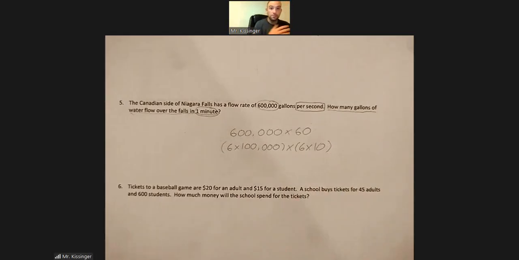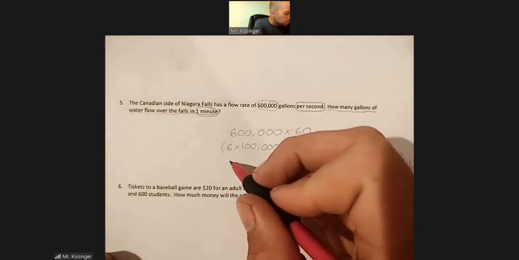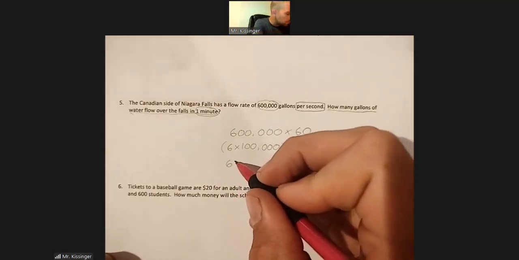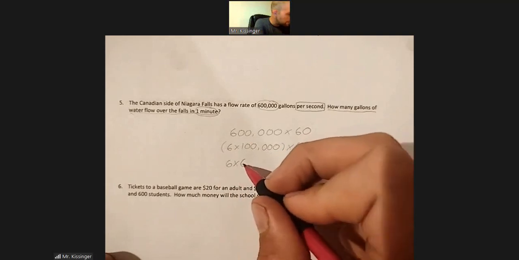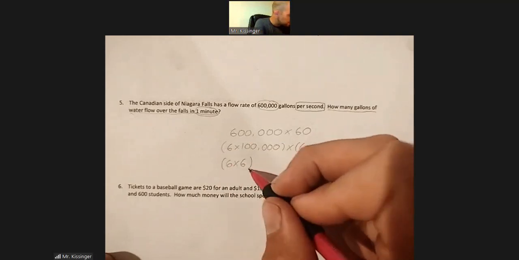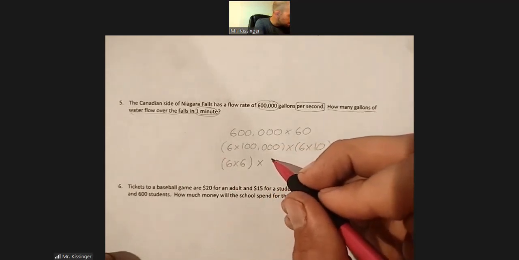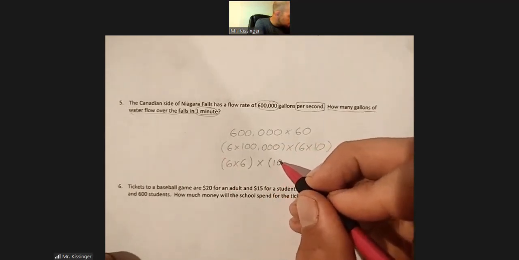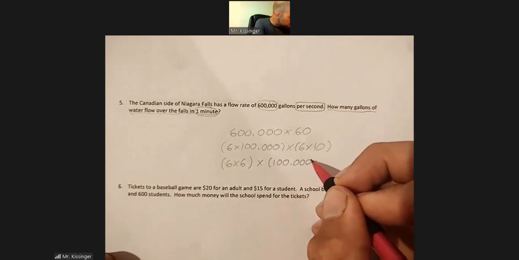Now we'll use our associative property of multiplication to change our order. So we can do a nice easy multiplication problem like 6 times 6. And then we'll multiply that by 100,000 times 10.